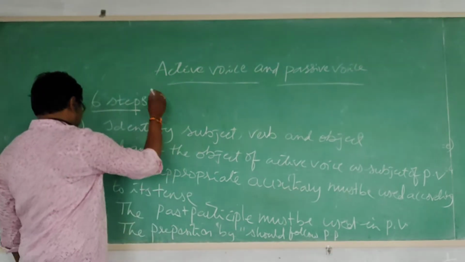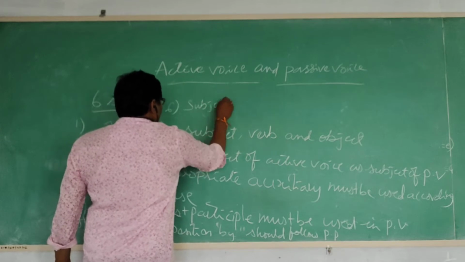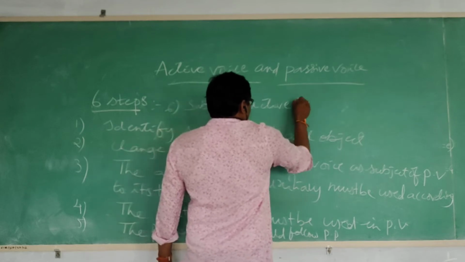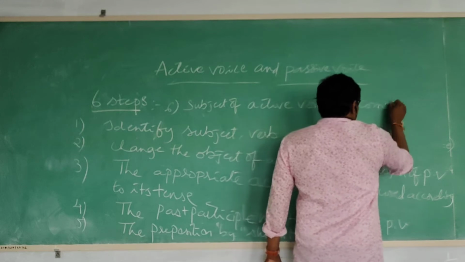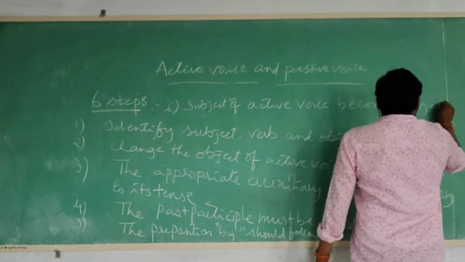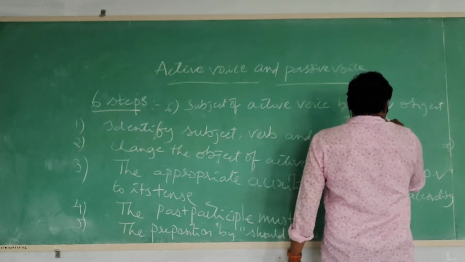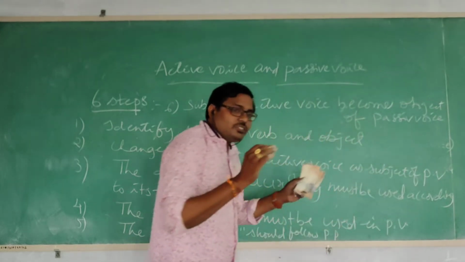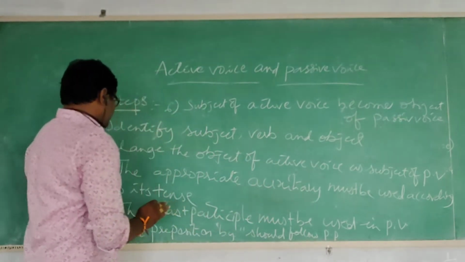See here, the sixth rule is subject of active voice becomes object of passive voice. These are the 6 rules to convert an active voice into passive voice, right?